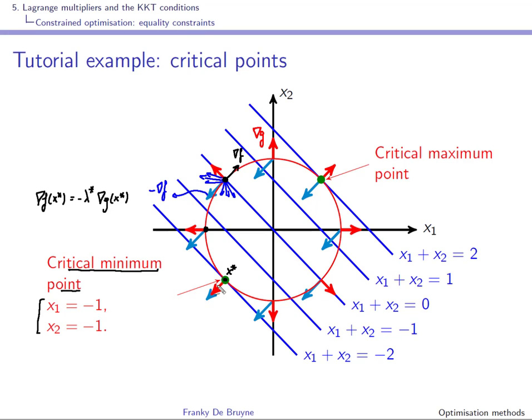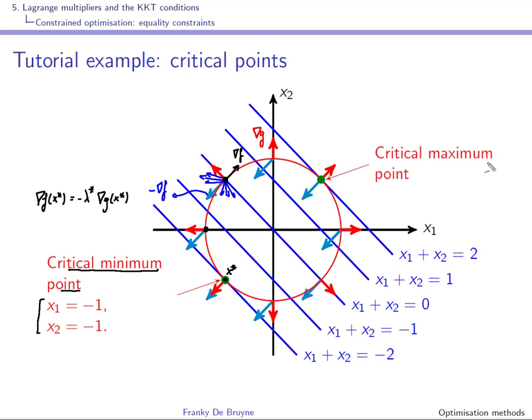You can see indeed that minus the gradient of f, the one given in blue, is aligned with the gradient of g. And here lambda star is positive. This will correspond to a critical minimum point.